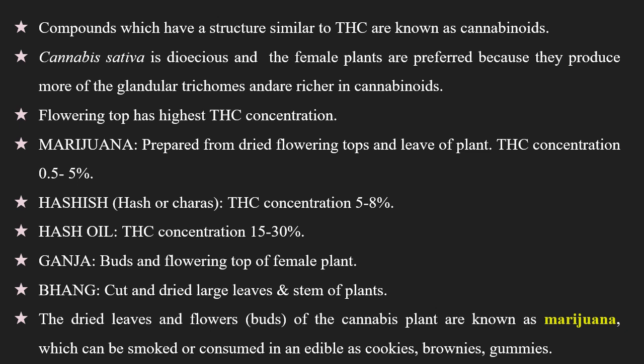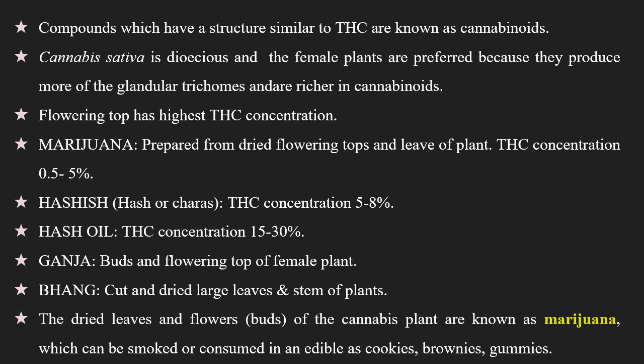This cannabis sativa is a dioecious plant, and the female plants are preferred because they produce more of the glandular trichomes and are richer in cannabinoids. The flowering tops of cannabis sativa have the highest THC concentration.